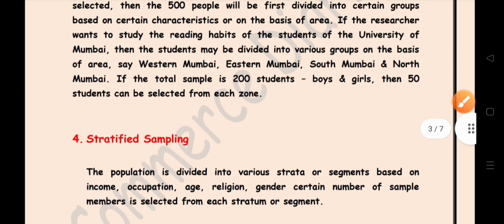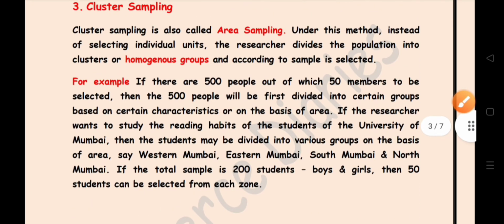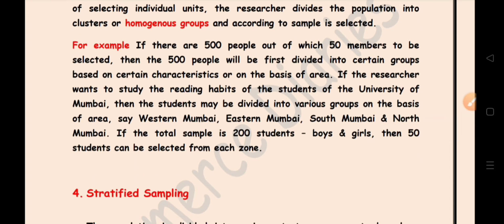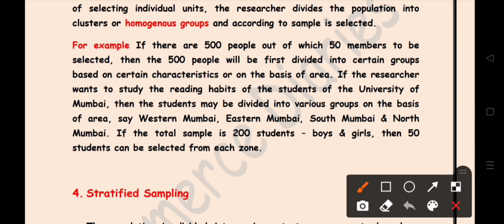As we discussed previously, we had 500 people that we divided into homogeneous parts. One key factor was the area, that is, particular parts of Mumbai: the western, eastern, and southern. So here area and gender were the homogeneous characteristics for this group.